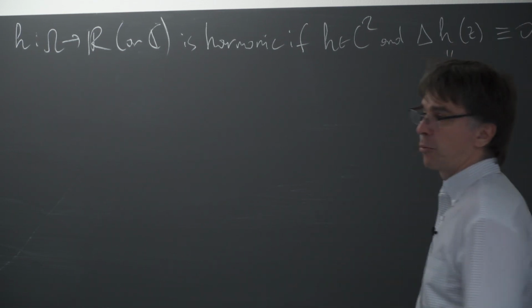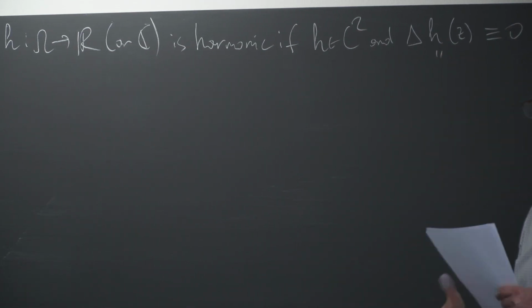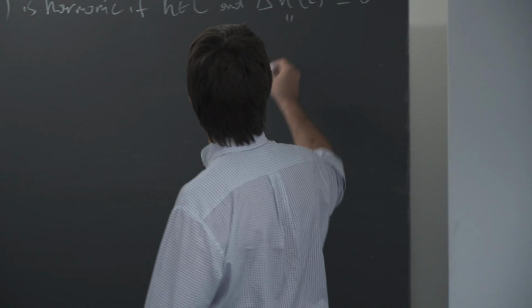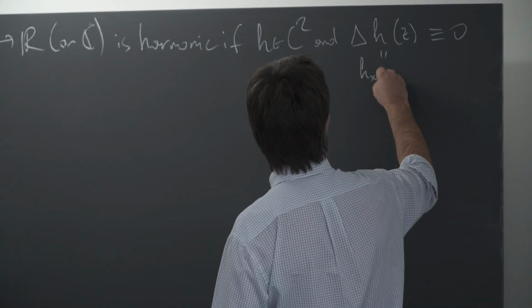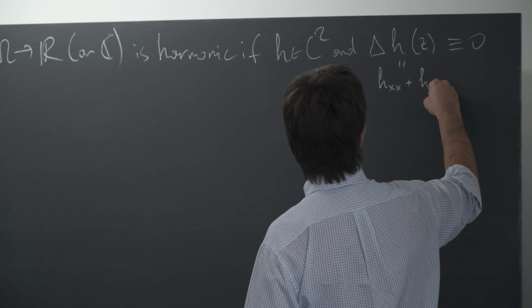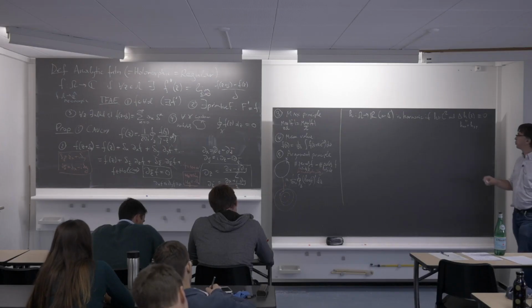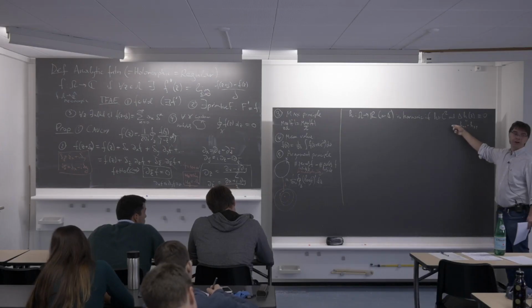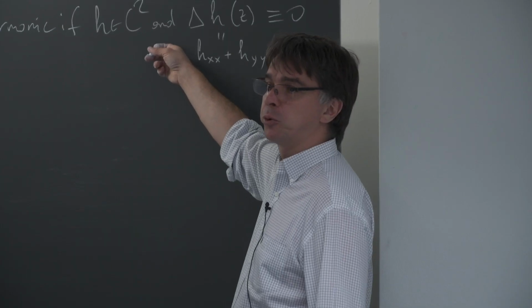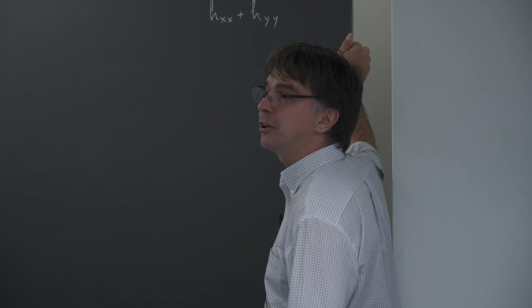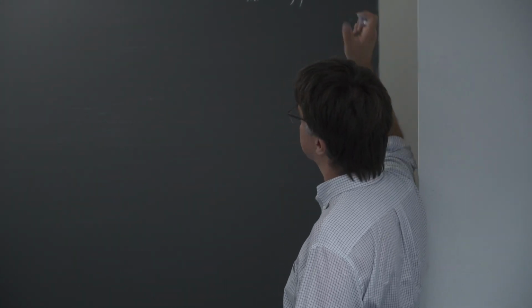Now the Laplacian of h depends on whether you talk to a mathematician or a physicist. Usually people say it's hxx plus hyy, second derivative in x plus second derivative in y. Some people put some factor in front, some put a minus in front. It's just a question of convenience, and in different areas it's slightly different.